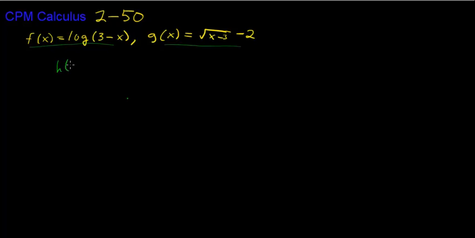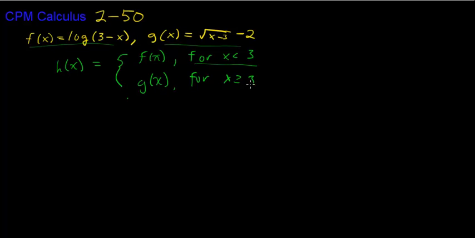We want to say h of x is equal to f of x, for values of x less than 3. And that's perfect because that's the domain of f of x. It's equal to g of x for x greater than or equal to 3, and that's kind of perfect too because that's the domain for g of x.